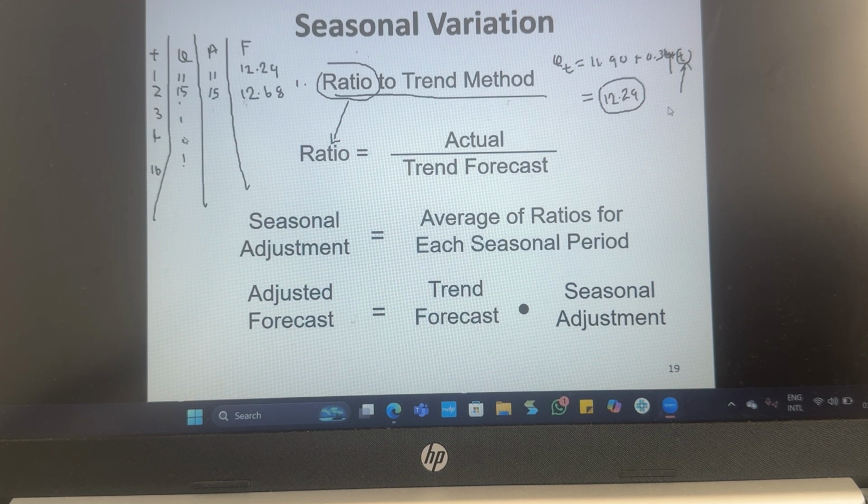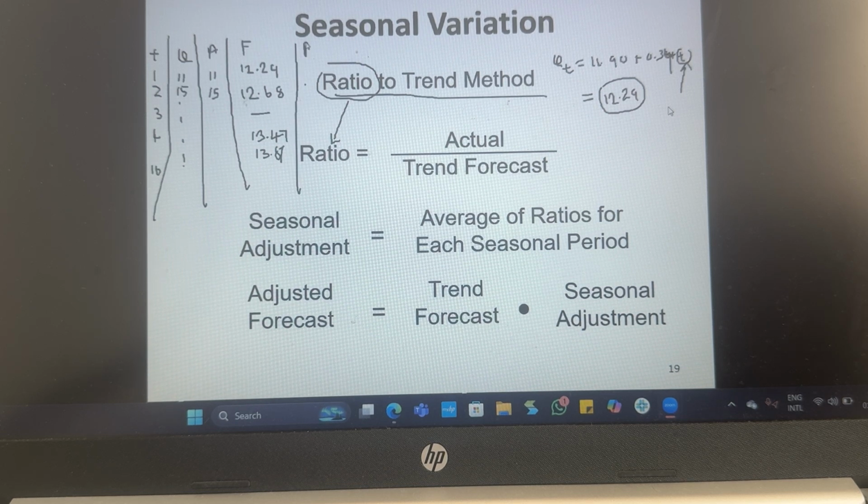And number 4, I skipped 3. You have to write all these things. Number 4: 13.47. Number 5 also I need. Number 5 is 1998 first quarter: 13.87. Now there's another column here.